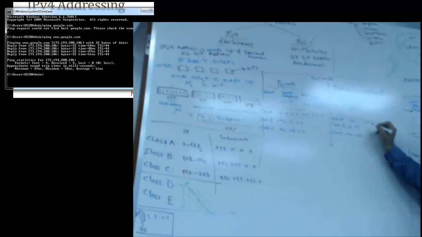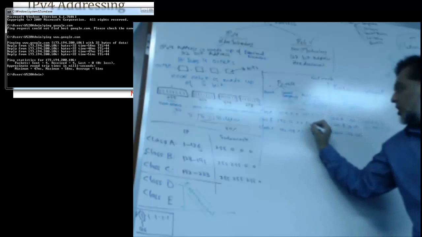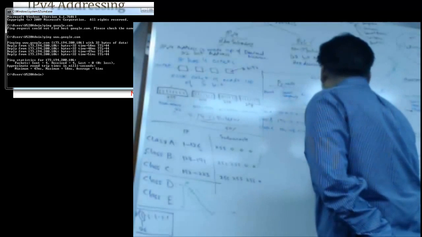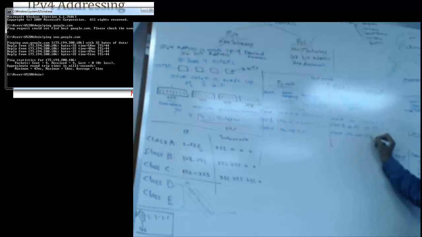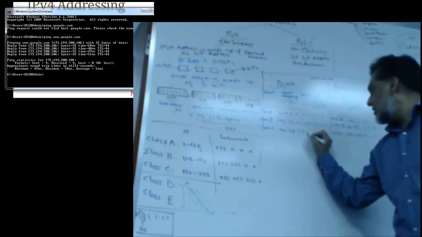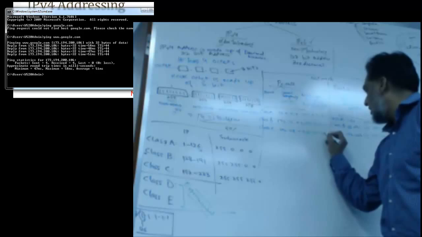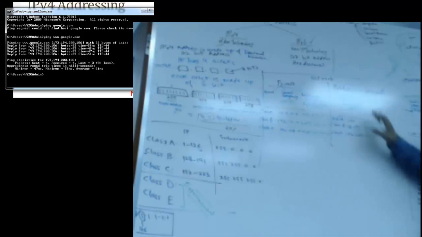The subnet mask of class B is 255.255.0.0, and here it is also 255.255.0.0. The subnet mask of class C is 255.255.255.0, and here it is also 255.255.255.0. So the one common thing in both of them is their subnet mask.